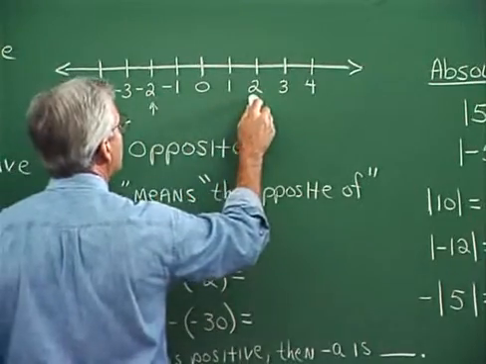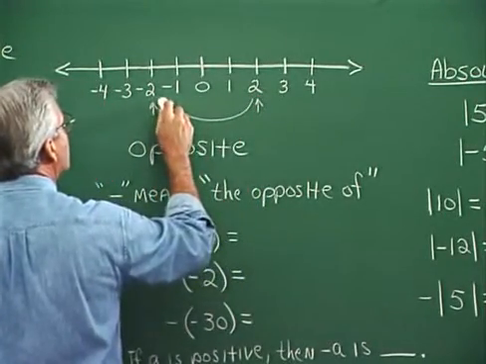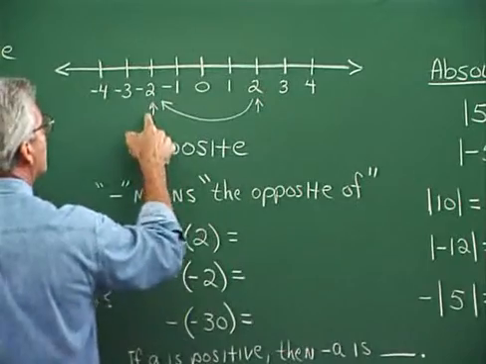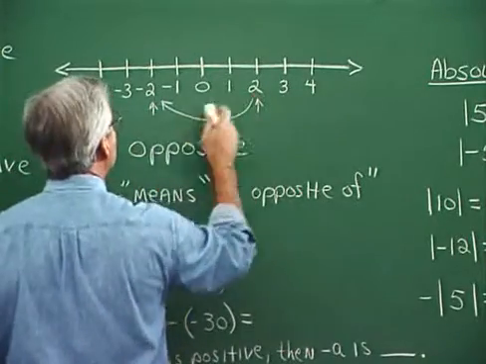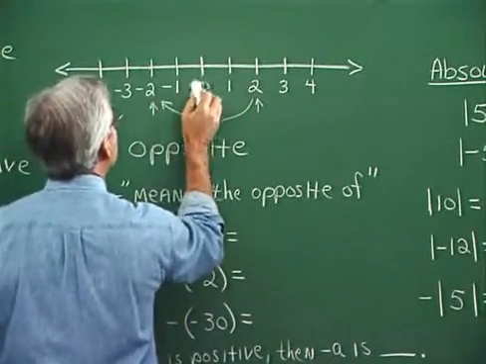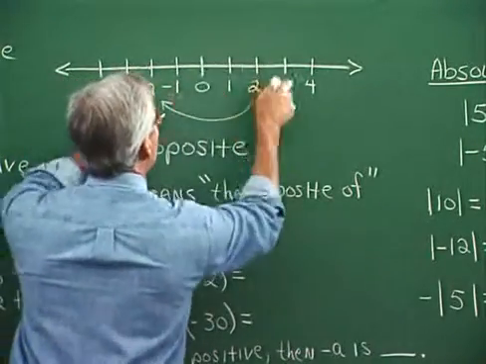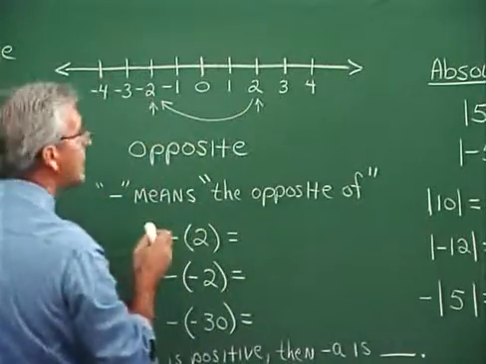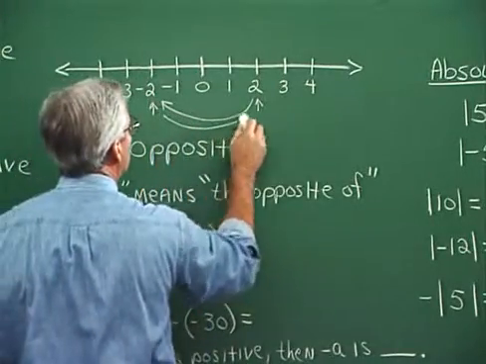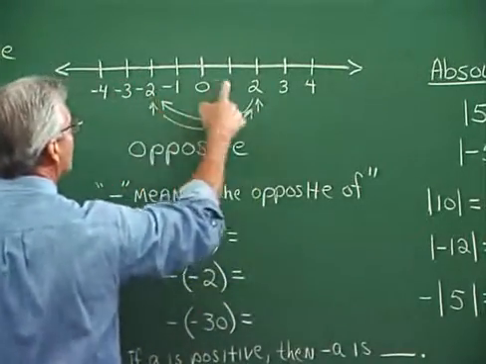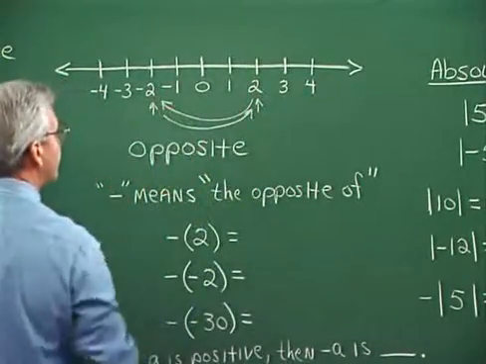Same distance, but on the other side of 0. Now, the opposite of negative 2 is 2, because given this distance from 0, the same distance on the other side would put us at 2. The opposite of negative 2 is 2. The opposite of 2 is negative 2.